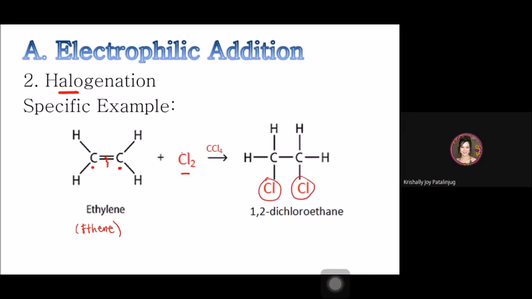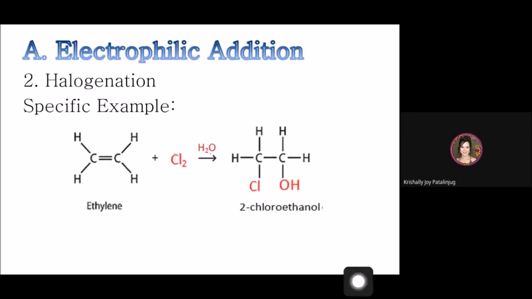Now, if water is used as the inert solvent during halogenation, chlorination in particular, since the halogen added is chlorine, only one Cl plus will be added. Then the other double bond carbon will be added with an OH. So the product is a halohydrin. Again, this happens if the inert solvent used is water.